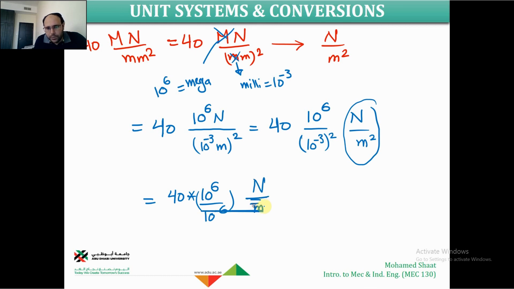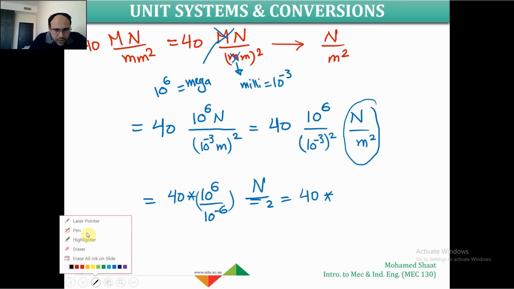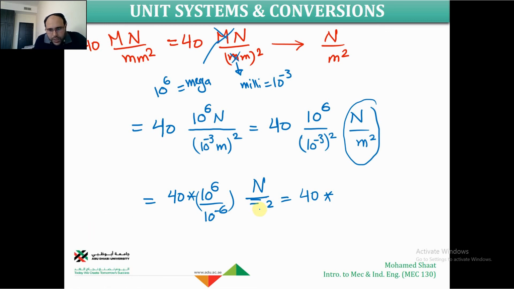This Newton over meter squared equals 40 times, this should be 10 to the power negative 6. Just let me remove this thing. Okay. So this should be meter squared, right?